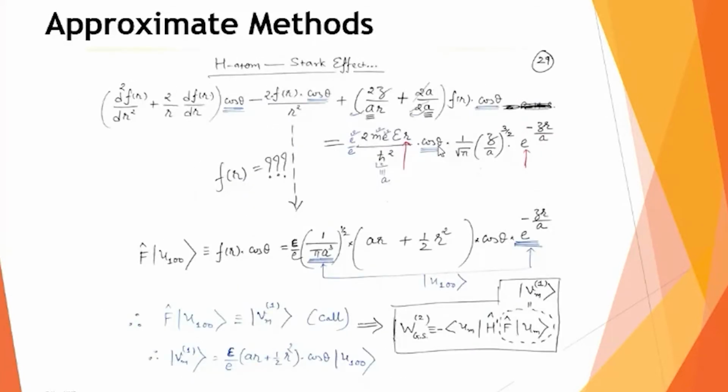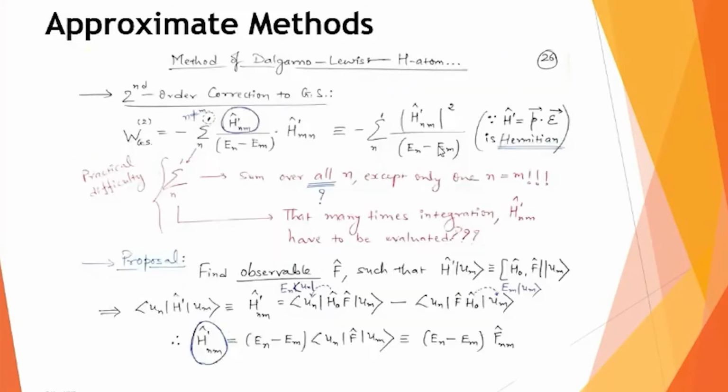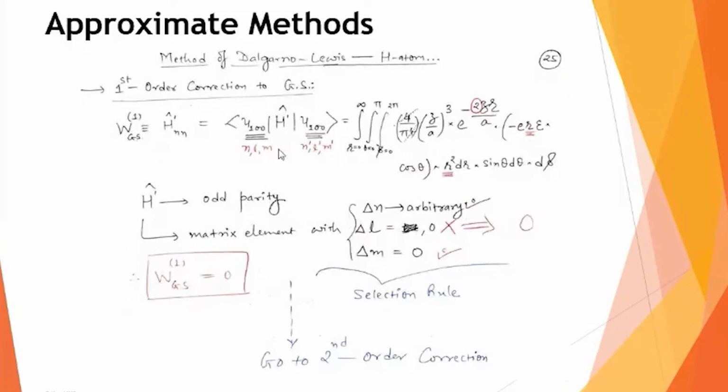So this is what we can do. We have placed a hydrogen atom in an external uniform electric field. First, we calculated the first order correction to the ground state energy, but fortunately, it comes out to be zero. There is no first order correction to the ground state energy.